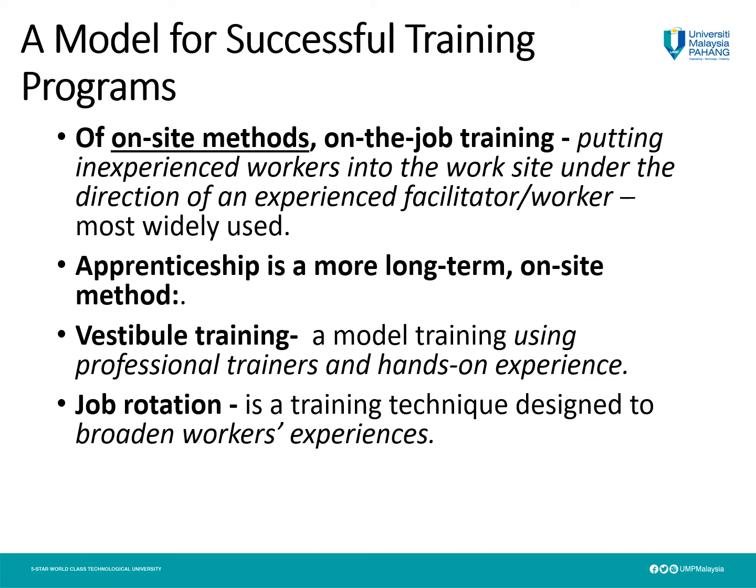It consists simply of putting an inexperienced worker in the workplace and having a more experienced worker teach that person about the job. Okay, so this technique relies on the principle of modeling, with the experienced worker serving as the role model.